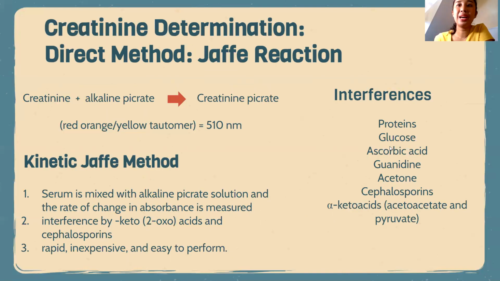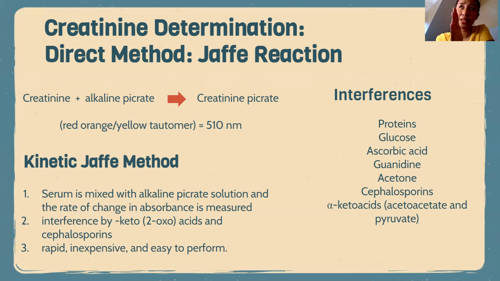So, class, para mabawasan yung interference, marami silang modification na ginawa. First one is your kinetic Jaffe method. When we say kinetic, dalawa hanggang tatlong beses nire-read at a certain time interval. Hindi lang nire-read yung reaction once.